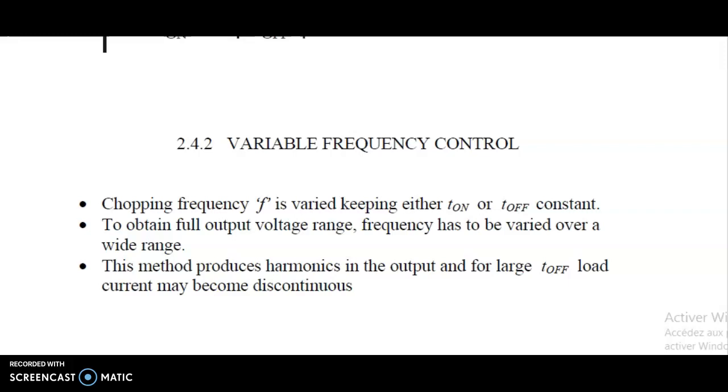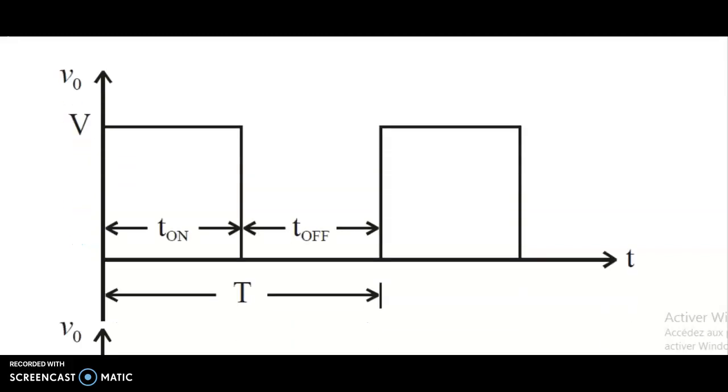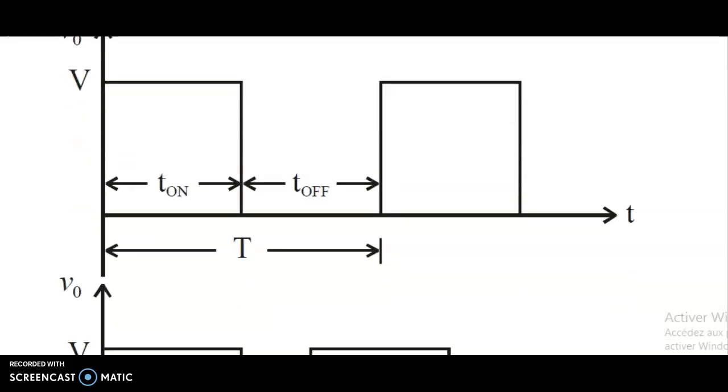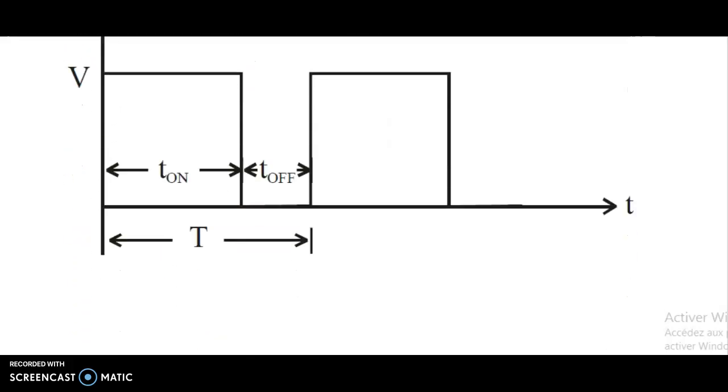The method produces harmonics in the input, and for large T off, load current may become discontinuous. So here it is: T on and T off are constant, but we vary the frequency.